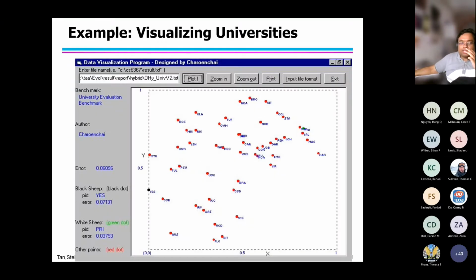So here's a very simple example of how university evaluations are distributed. It's very easy for you to look at this image and tell which universities are located where in relation to each other, right?